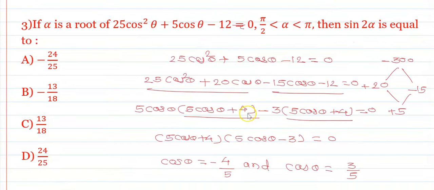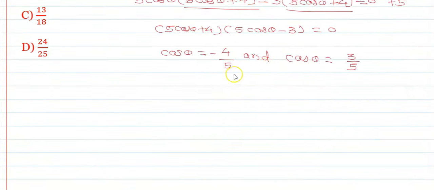As alpha lies in the second quadrant, cos theta is negative, and hence cos theta is equals to minus 4 by 5. If cos theta is minus 4 by 5, then sin theta must be 3 by 5.